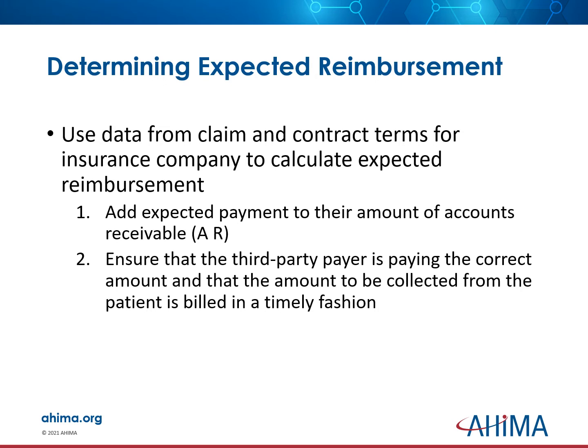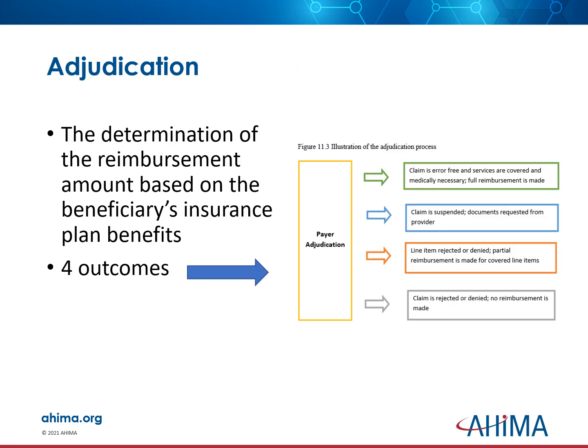Again, your business office or financial office or chief financial officer will be doing the legwork on this, but it is important that as an HIM professional or a coder that you know the terminology and the process. Specifically, if you are asked to do an audit or you need to go back and pull records for old claims. Our fourth step is adjudication.